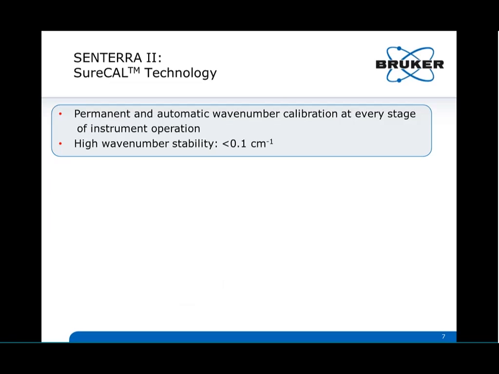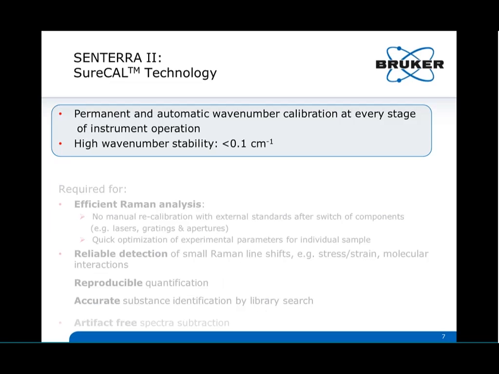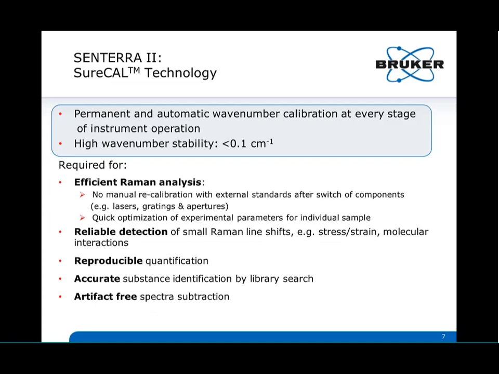This patented feature provides a very high stability of the wave number axis, and at every stage of the instrument procedure and use, the system is calibrated. So, for instance, if the laser is changed or the grating is changed or any apertures, the system keeps track of the calibration.